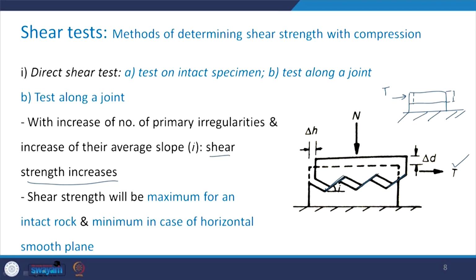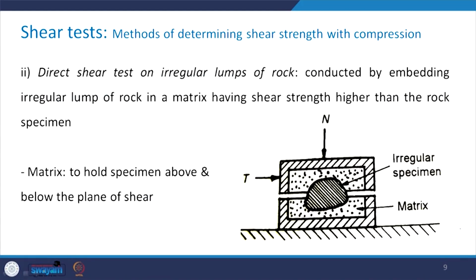In this case, where the plane is horizontal and smooth, you have the minimum shear strength. So, remember this: shear strength will be maximum in case of the intact rock, and minimum when you have a horizontal smooth plane as a sliding plane.